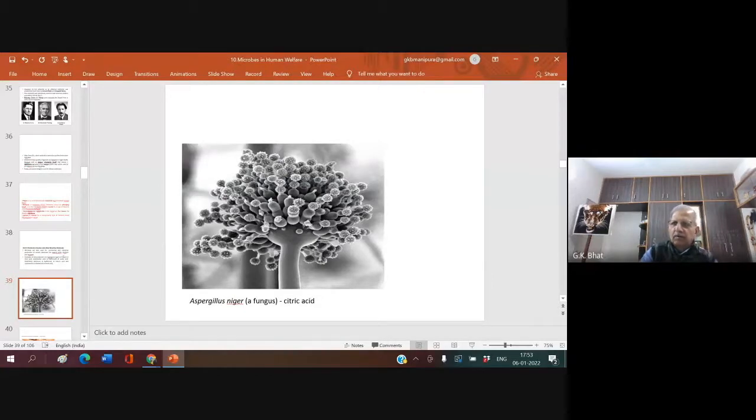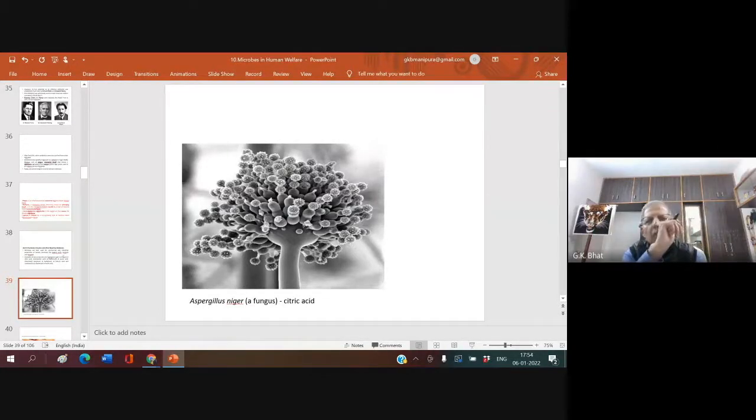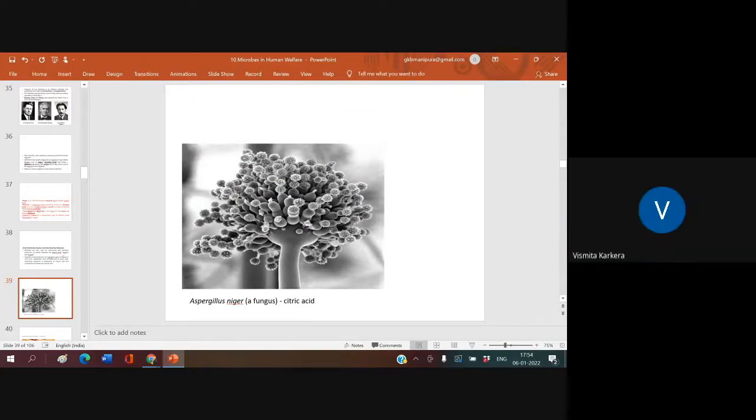Who told that it belongs to Ascomycetes? Okay, Prithvi, can you tell me an example for this? Ascomycetes. Yes, sir, Penicillium. Penicillium is okay. Apart from that, Neurospora. Apart from that, Saccharomyces.